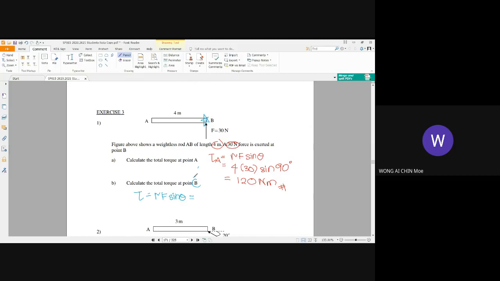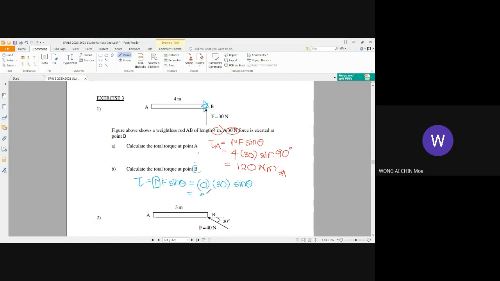R here is the distance from the reference point. So when you choose B as your reference point and the force is acting at B, your radius actually is 0. F is 30. So anyhow you will get 0 because your radius is equal to 0. So you will get 0 Newton meter.